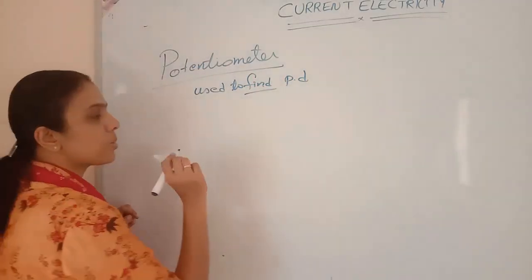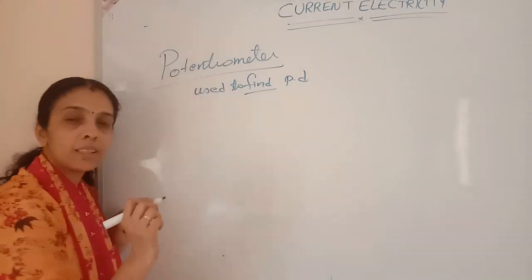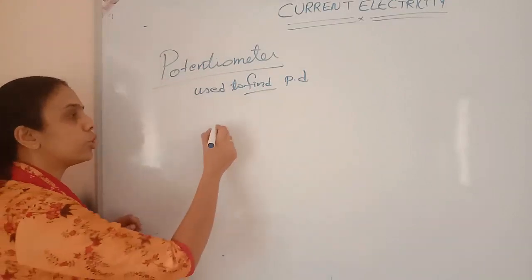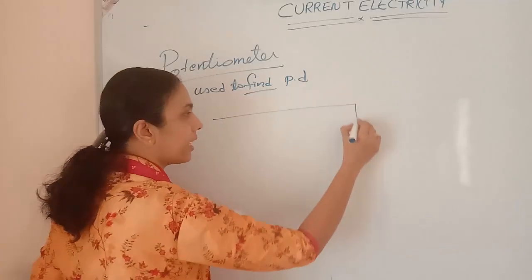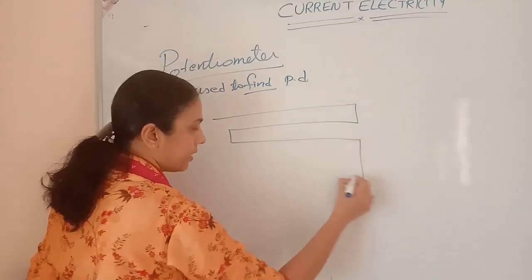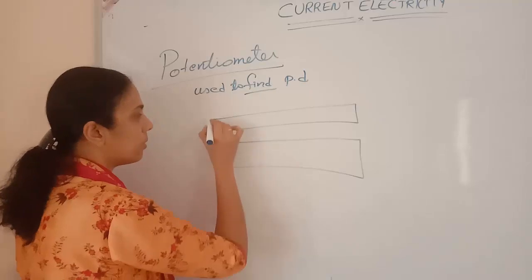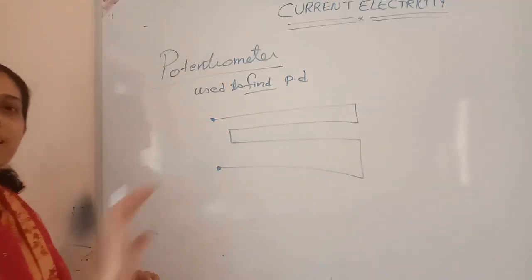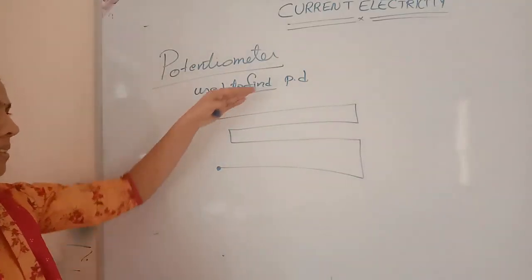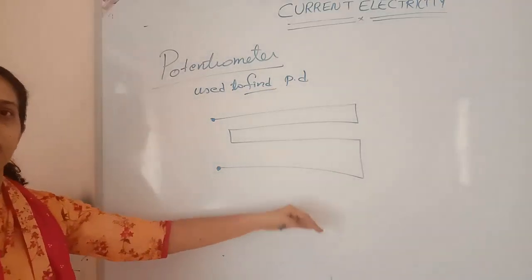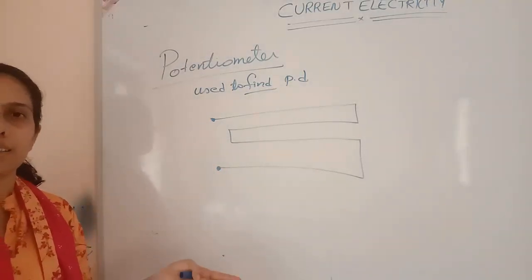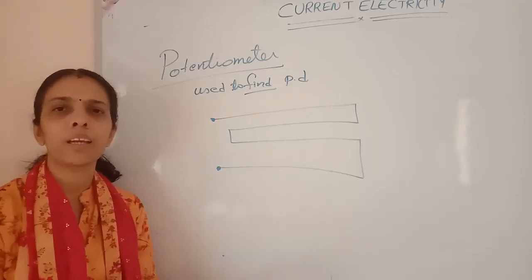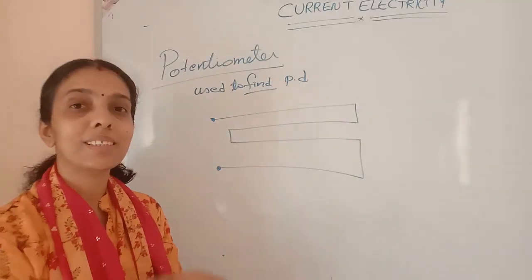Okay, what is this potentiometer? As I said in the previous case, here also potentiometer is a wooden board which contains a long wire. In some cases it will be a single wire only. In some cases it will have 500 centimeter length, or 600, or 10 meter length.